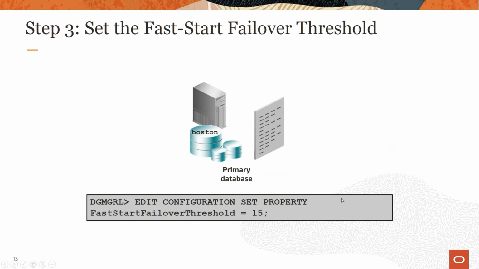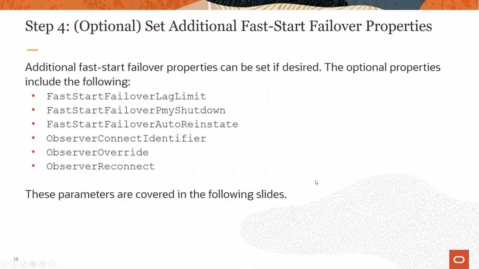Here we have a configuration property, fast start failover threshold equals 15. This is the time-based condition. If it's not possible to communicate within a certain amount of time, then fast start failover will be initiated. In addition to the time-based condition, we also have additional conditions here.